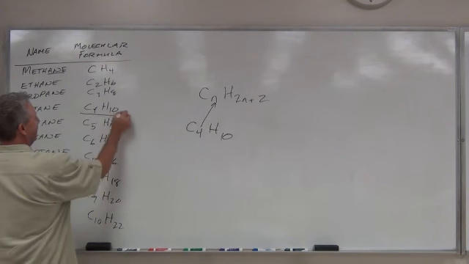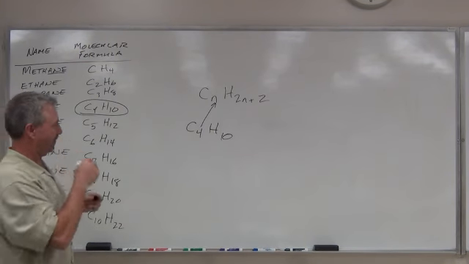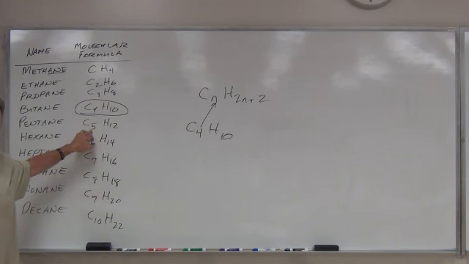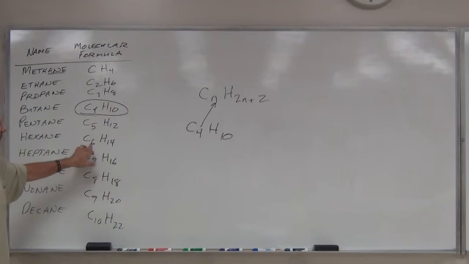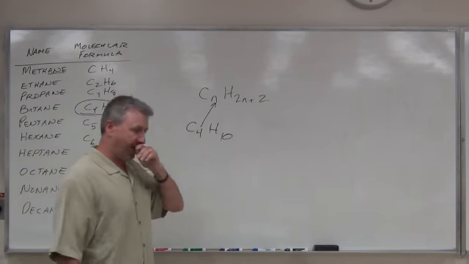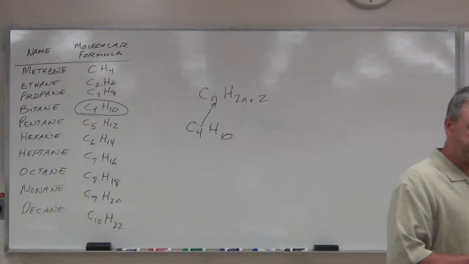I don't know where I got C4H12 from. So they all do. If you take the subscript attached to the carbon and multiply it by 2 and then add 2, you should have the subscript attached to the hydrogen. So 12, 14, 14 plus 2, 16, 16 plus 2, 18. So yes, it does satisfy the general rule.